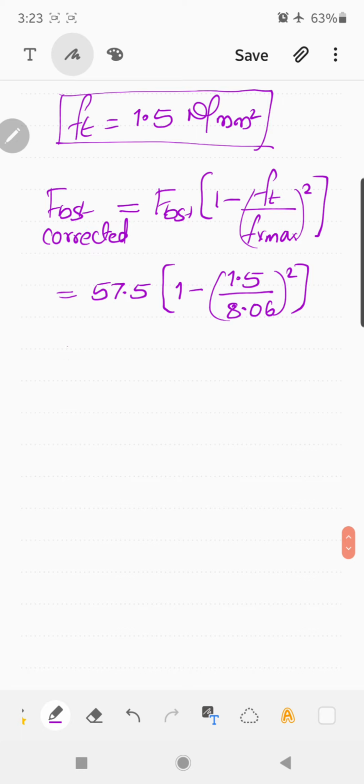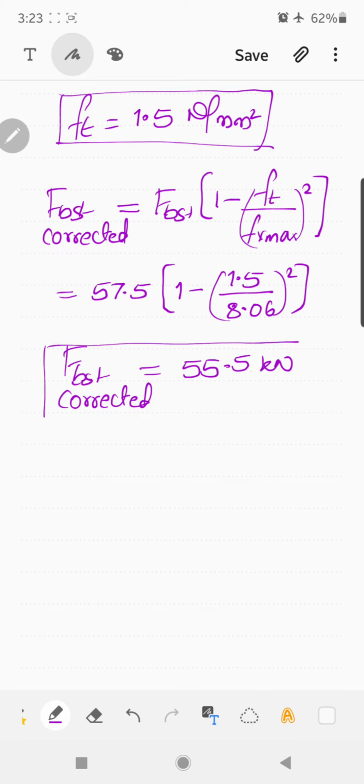Your corrected value will be 55.5 kilonewton. The earlier value was 57.5. Now when you consider the tensile strength of concrete, the FBST is 55.5, which has reduced. So this is the end of the first problem, which is concentric.